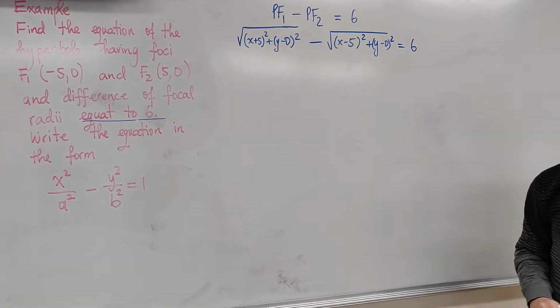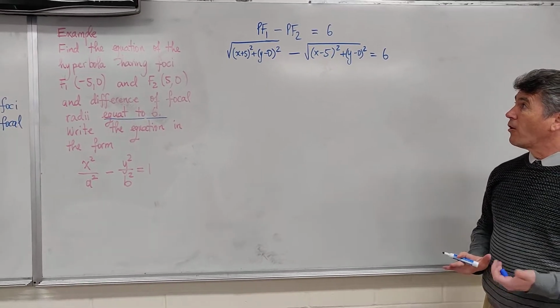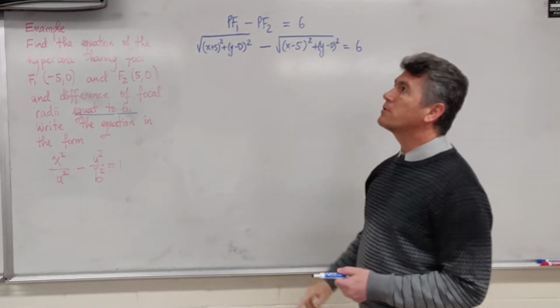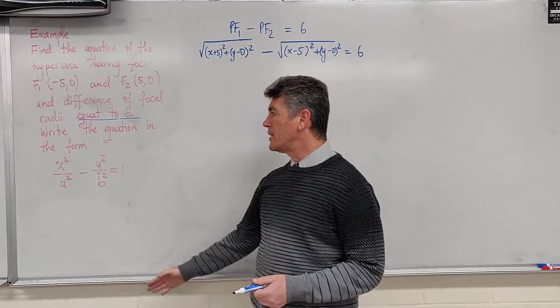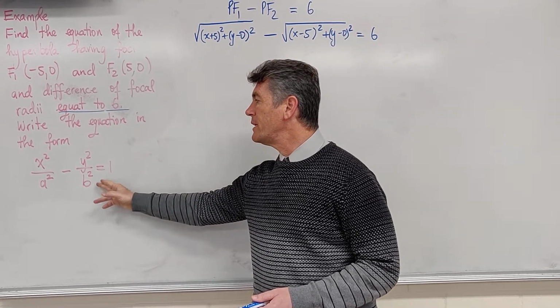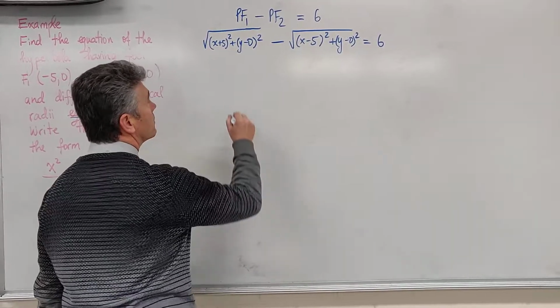We don't like having square roots on the same side, so what is my goal? My goal is to take this equation, which involves two square roots, and transform it into one that looks like x squared over a squared minus y squared over b squared is equal to 1. So I'm going to separate the square roots.